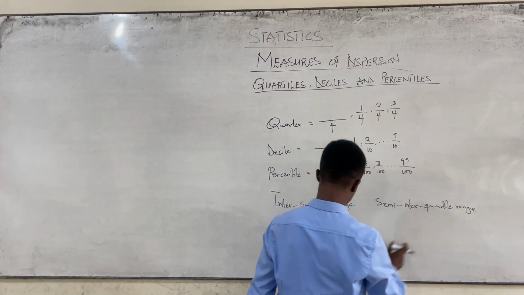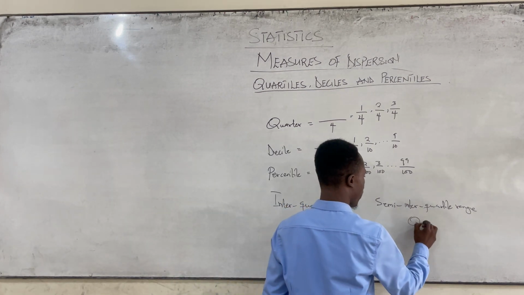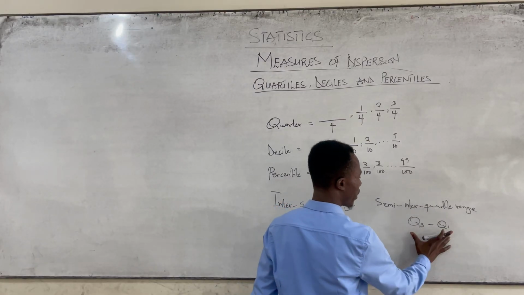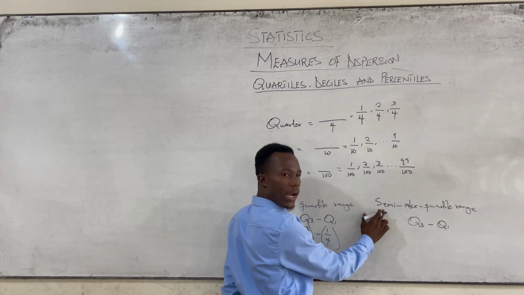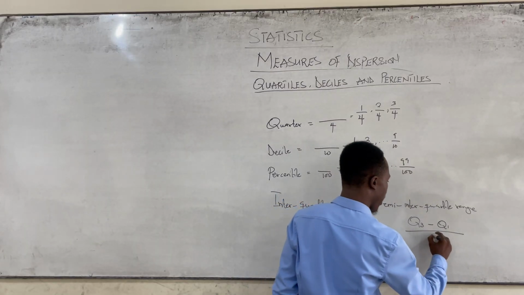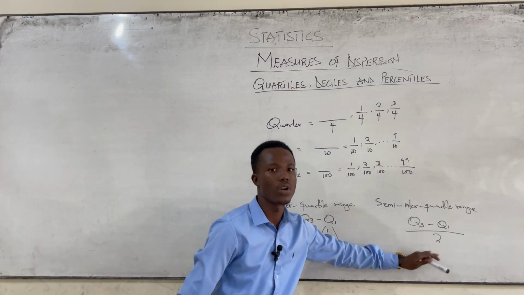The interquartile range we know already: Q3 minus Q1. And because we have semi here, we have to divide the interquartile range by 2. This is what we call semi-interquartile range.